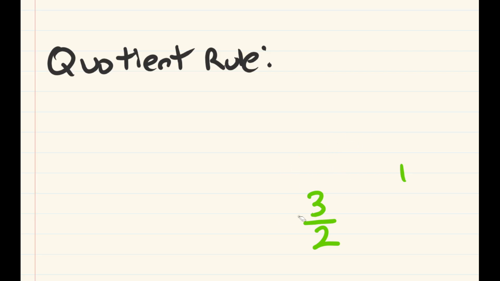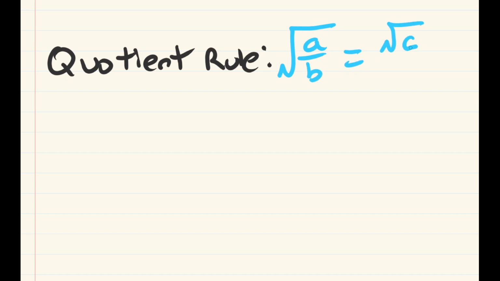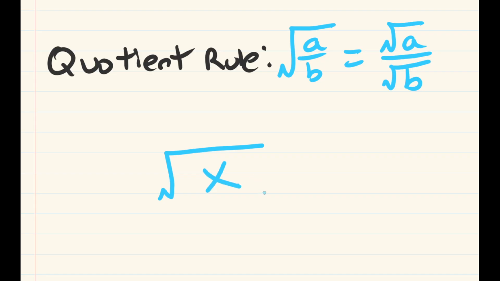And just a few more things about radicals. Let me go ahead and rewrite the quotient rule. Radical a over b equals radical a over radical b. One more thing about radicals is that a radical written like this, let's call this radical x, it's always implied, if there's no number here, that the index is 2.